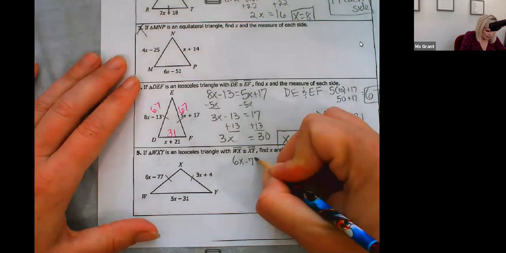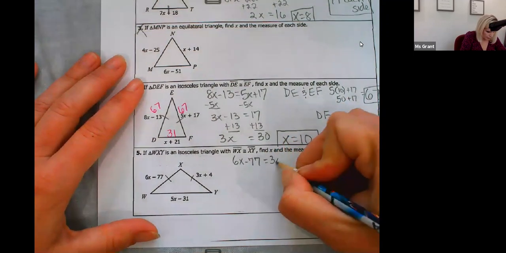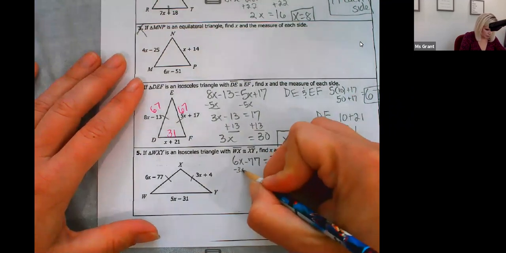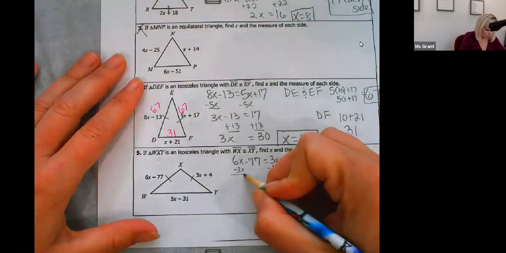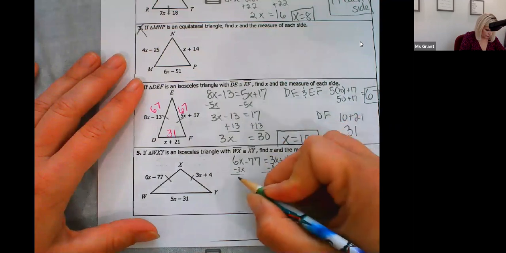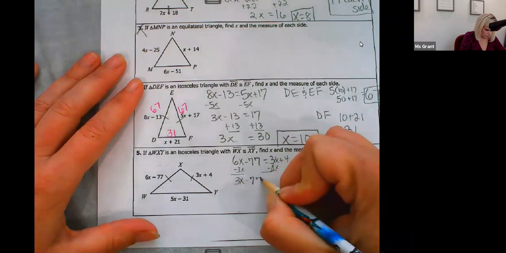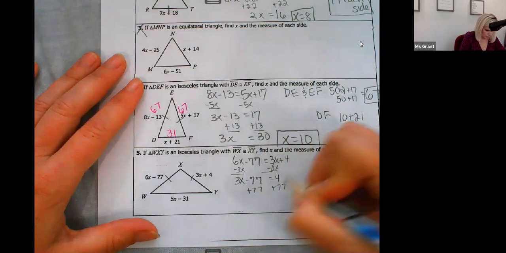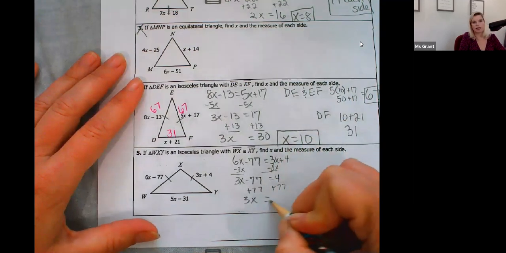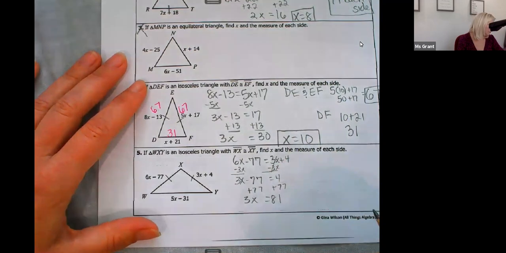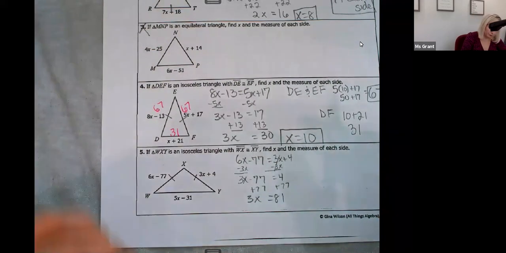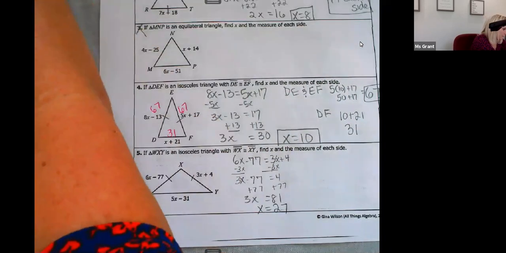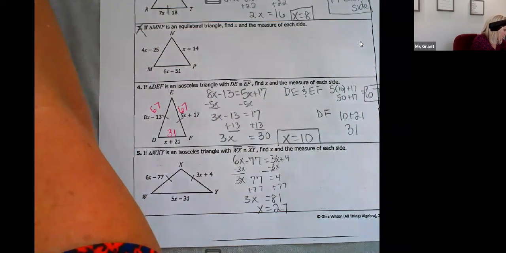Six x minus 77 equals 3x plus 4. So just combine like terms. Three x equals 81, right? X equals 27.